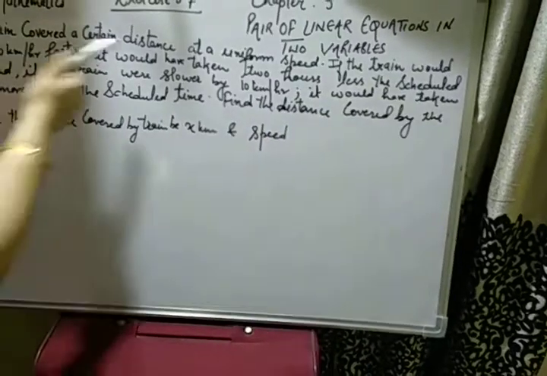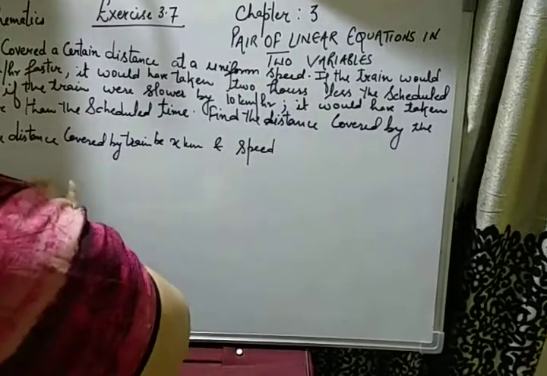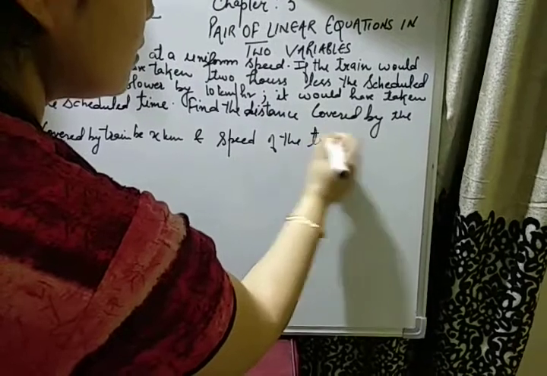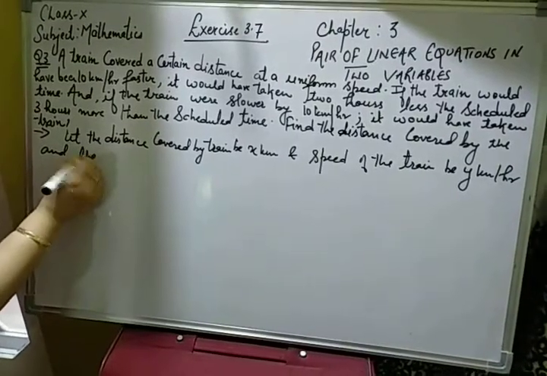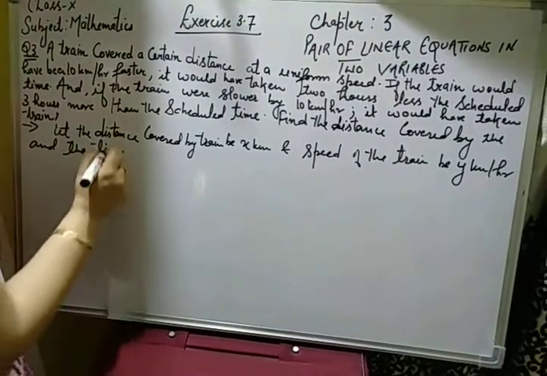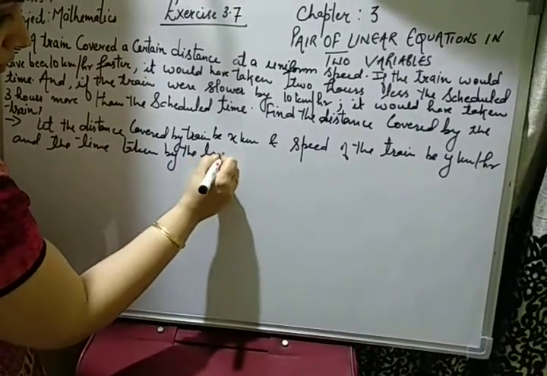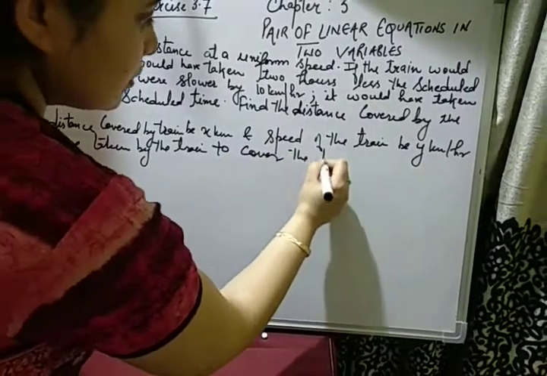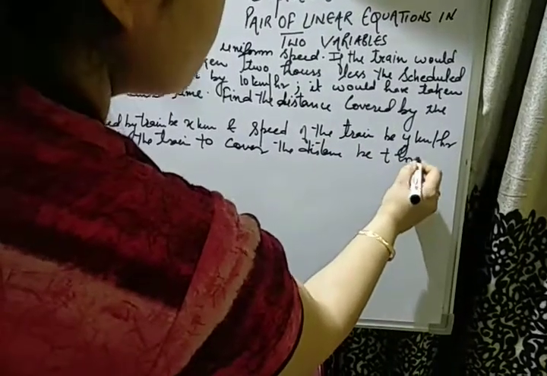As it is given that the speed is uniform, meaning speed is the same for both cases, let the speed of the train be y kilometers per hour, and the time taken by the train to cover the distance be t hours.